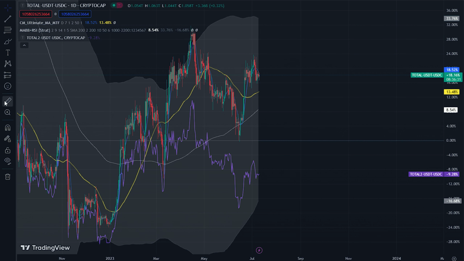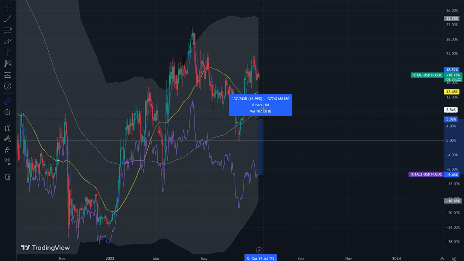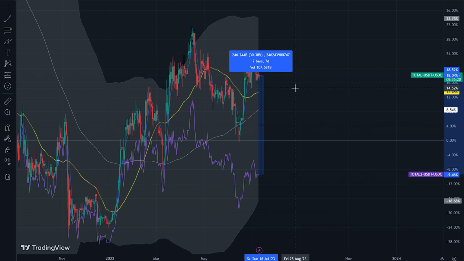So with Bitcoin gone out of the equation, of course it changes as we zoom in. We can see that from price right now to price right now for both total 1 and total 2, there's actually a 30% discrepancy.